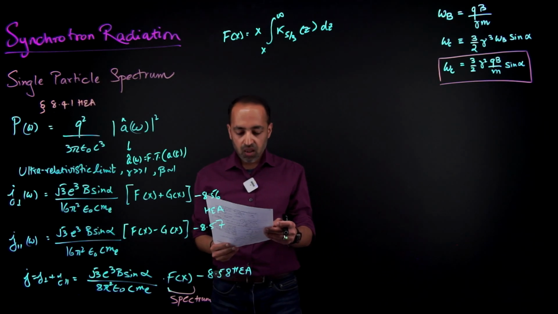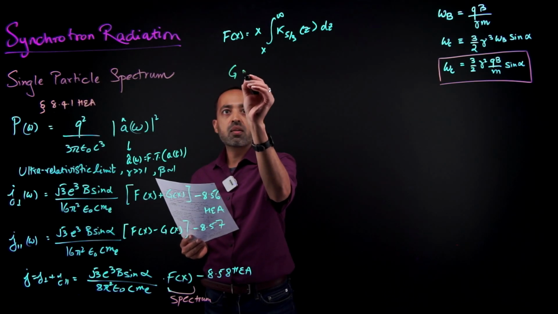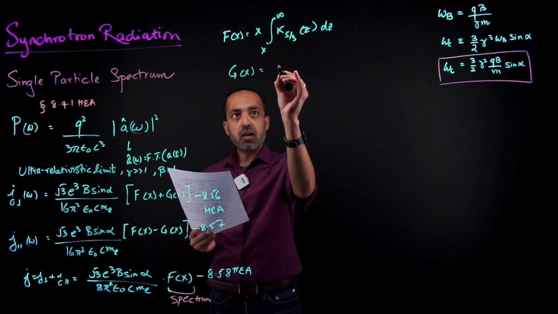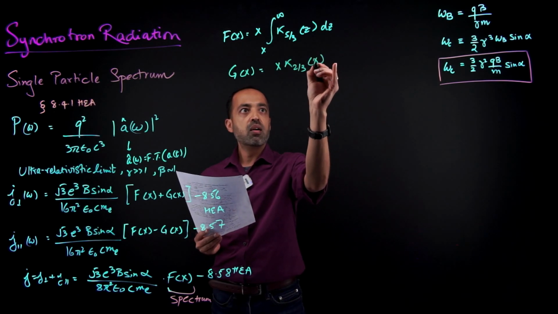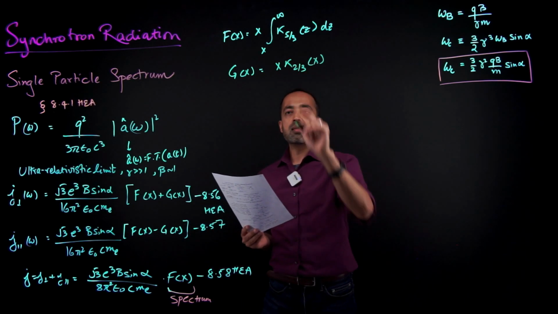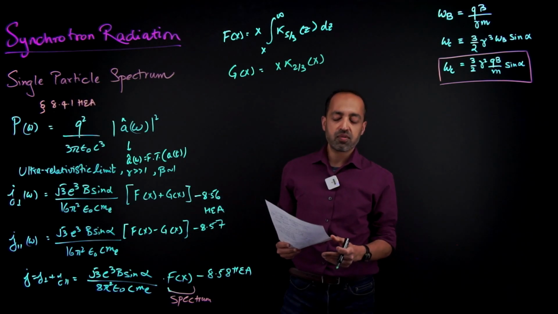And the g of x is x times K 2/3 of x, where this K is the same Bessel function of now a different order.